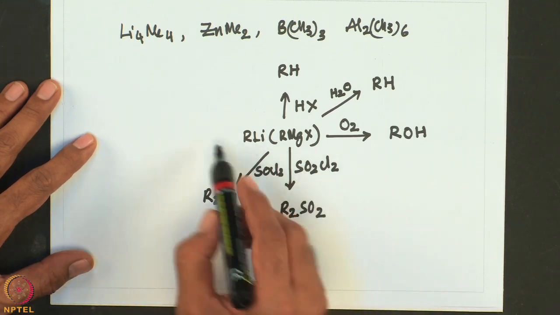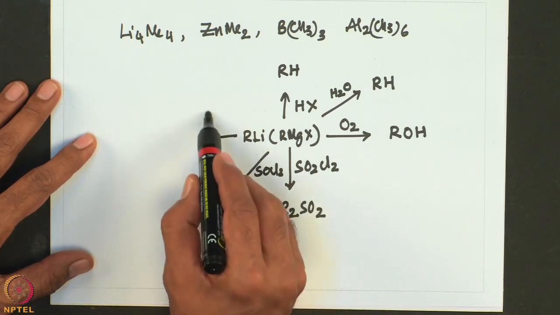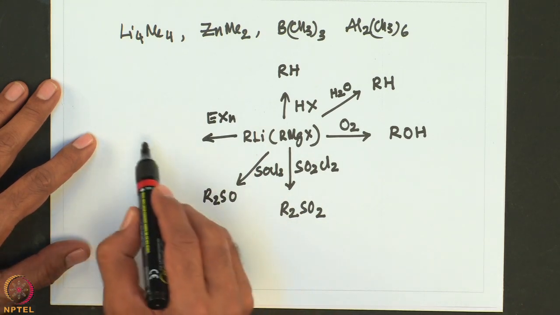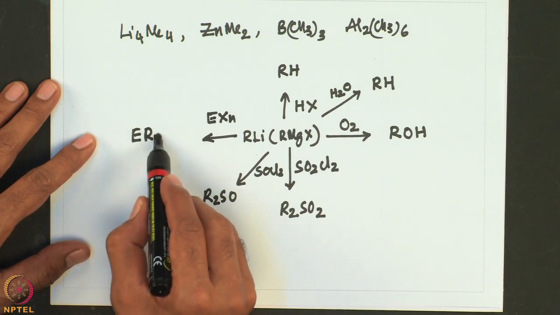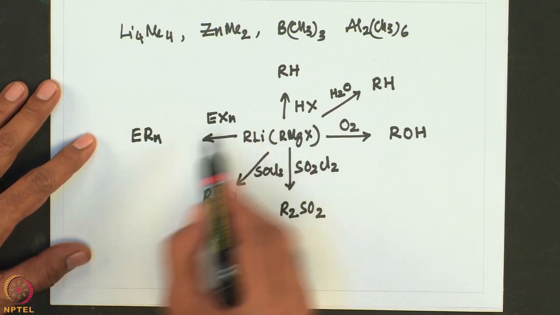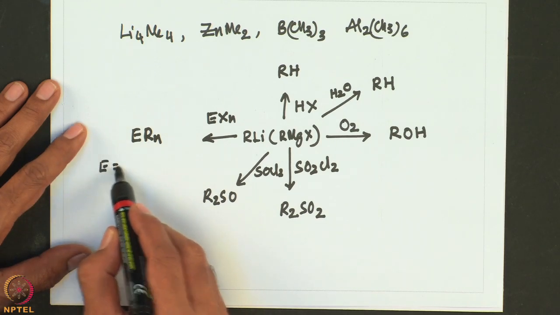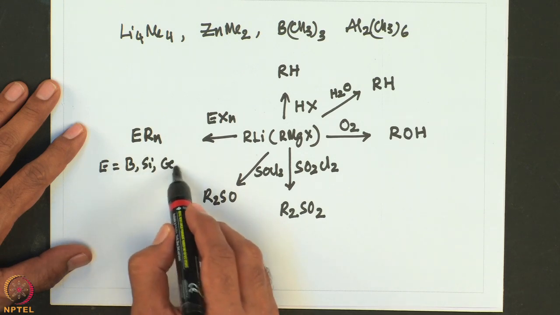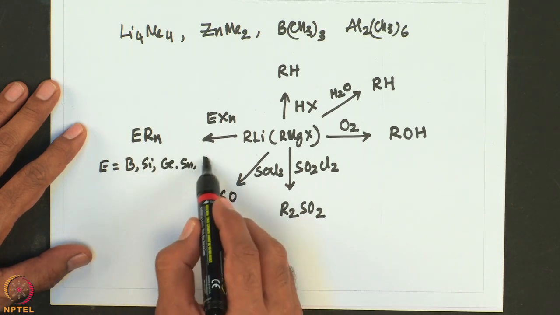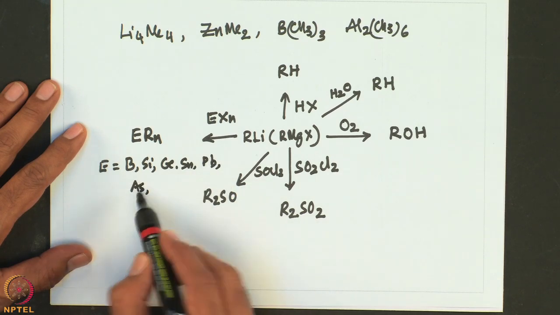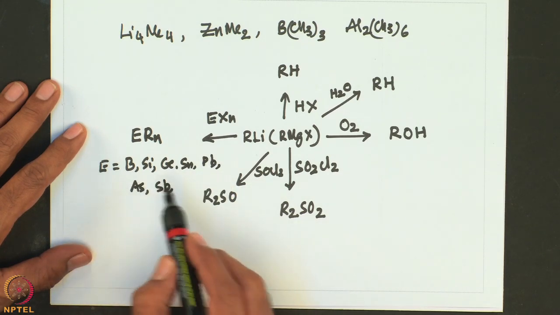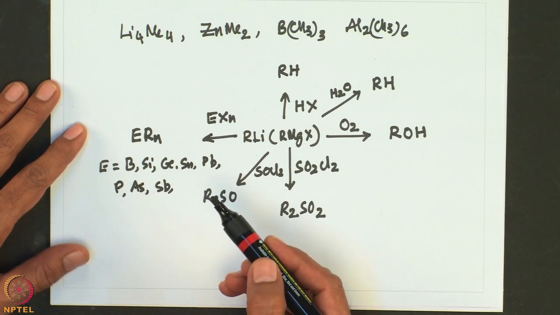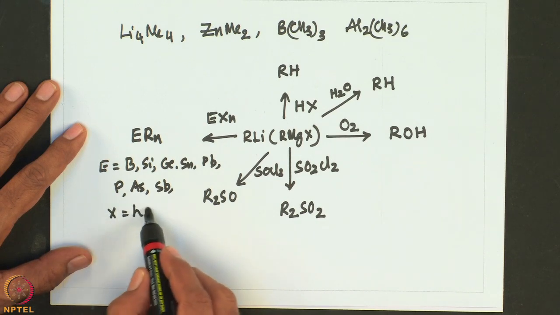And if we treat this one with an appropriate reagent EXn, one can get ERn. Here E can be boron, silicon, germanium, tin, lead or arsenic, antimony or even phosphorus. Of course, X is a typical halide.